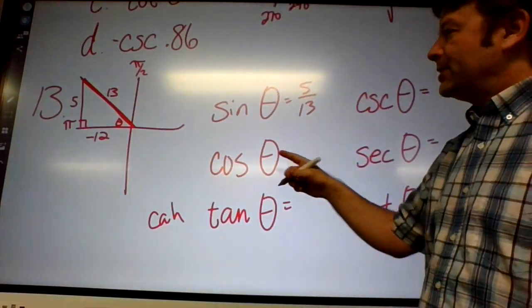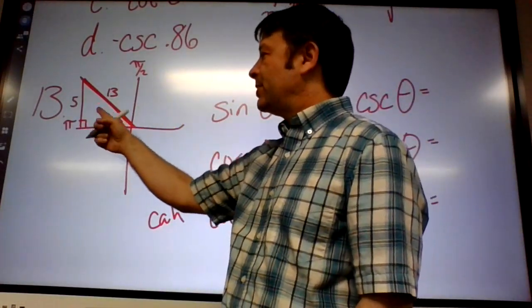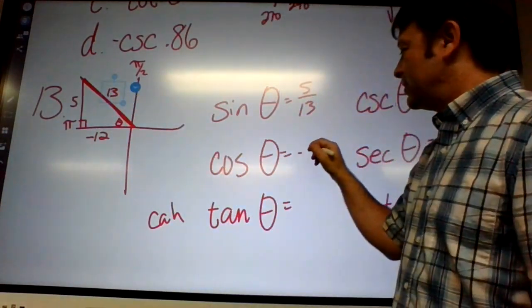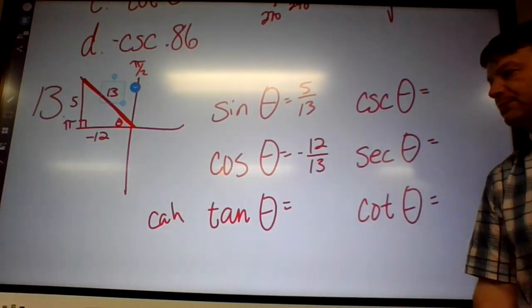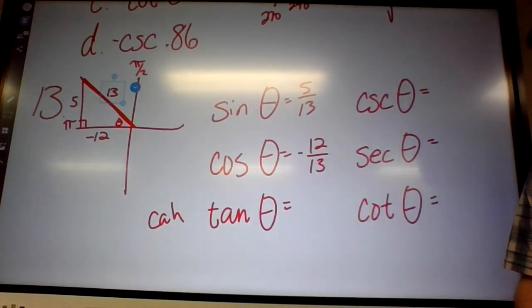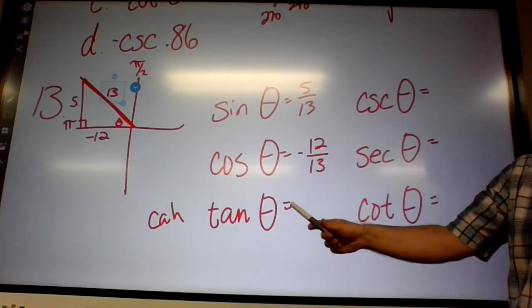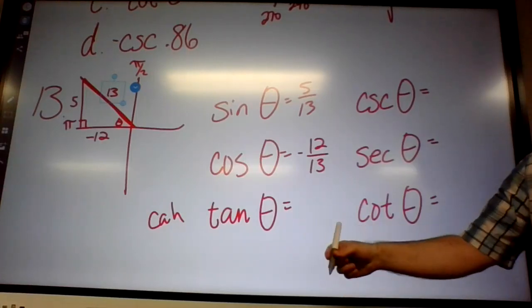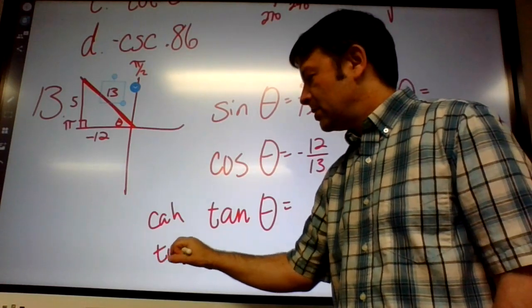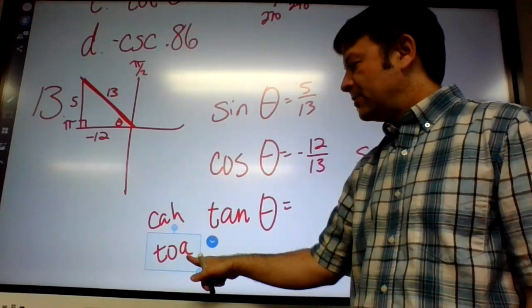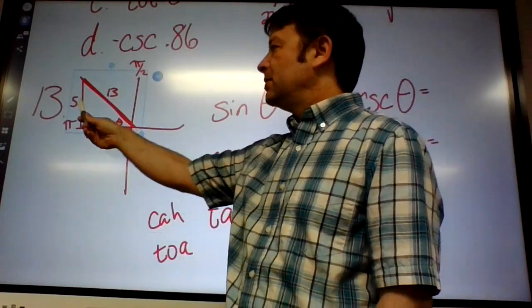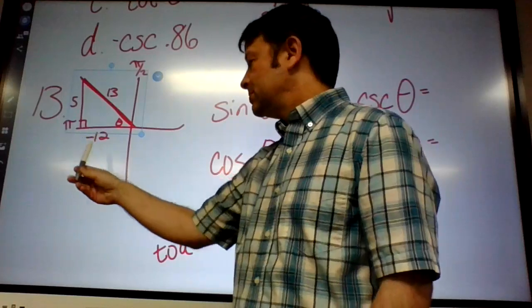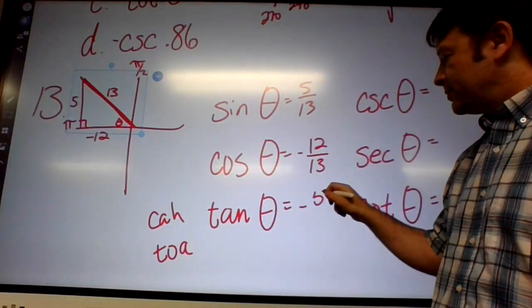So instead of adjacent 12, hypotenuse 13, it's negative 12 over 13. All right, tangent is what over what? Opposite over adjacent. So what's the opposite of this angle? 5, adjacent negative 12, so it's negative 5 twelfths.